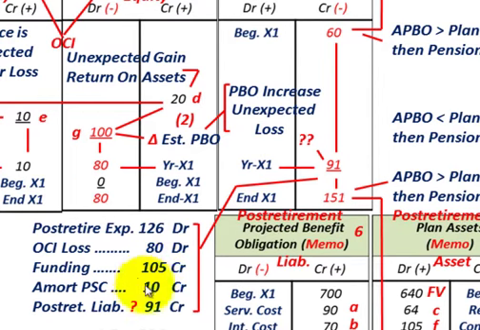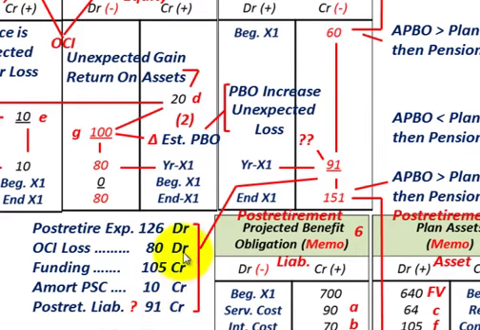And then we had the amortization of our prior service cost under other comprehensive income, of $10,000 for the pension expense. That was a credit. So balancing our debits with the credits, we're going to determine what the post-retirement liability is for the year, $91,000. So that had to become a plug.